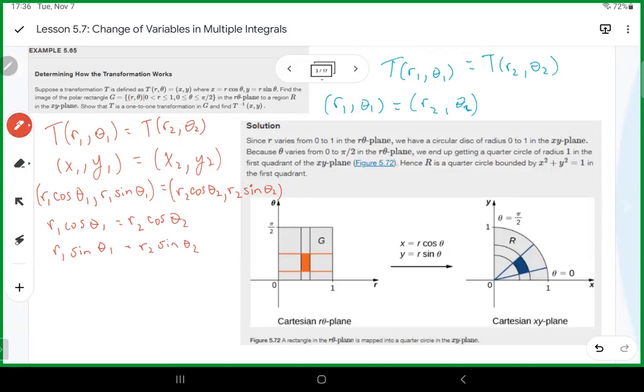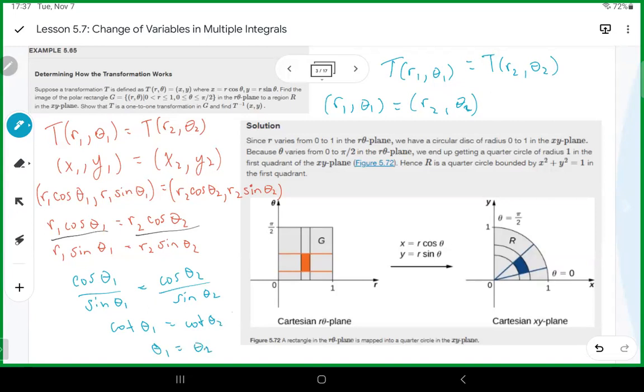If we divide here, then we would get cosine theta 1 over sine theta 1 equals cosine theta 2 over sine theta 2, which is the cotangent of theta 1 equals cotangent of theta 2.